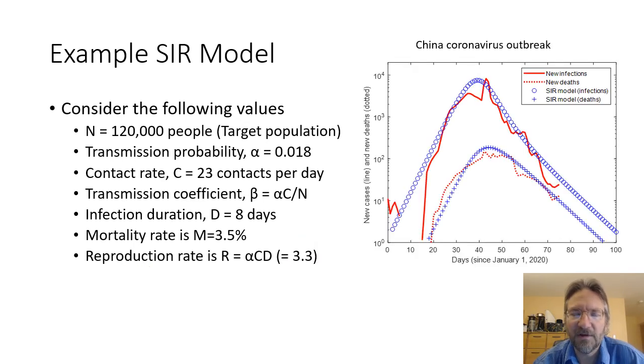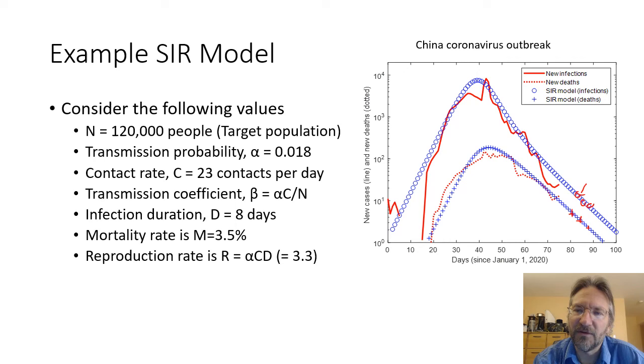To solve this model, I simply used an iterative equation and a simple Matlab program. The solution of that model is the blue dots. So this is the result of the simulation. And then I also have the blue crosses. The blue crosses are basically the number of deaths per day, while the blue dots are the number of daily infections.